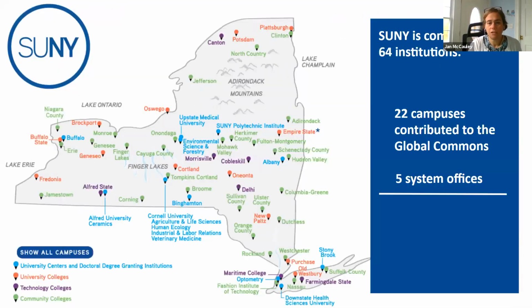As Chilton mentioned, on the next slide, you'll see this was a very large system-wide project, and the State University of New York system includes 64 campuses. So it's a large university system. Not all of those campuses participated, but as you can see, 22 of them were actively involved in some way in the creation and implementation of the Global Commons, as well as 5 system offices from SUNY Online to the Office of Global Affairs and others.